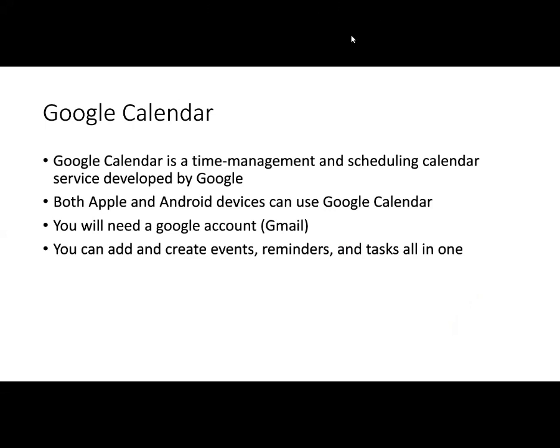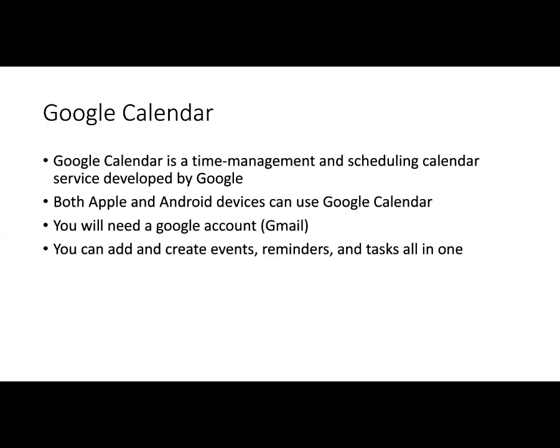So, for example, let's say you added something on your Google Calendar on your smartphone, and you wanted to see it again on your computer or on your tablet, it's all going to be synced. You don't have to repeat it and do it on multiple devices because it's all connected to your Gmail account.